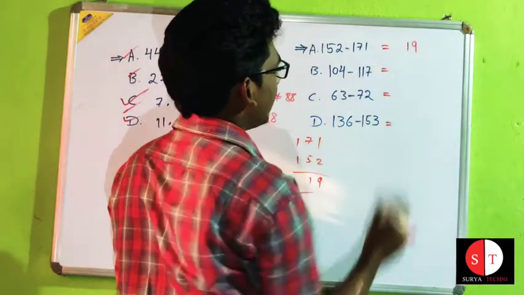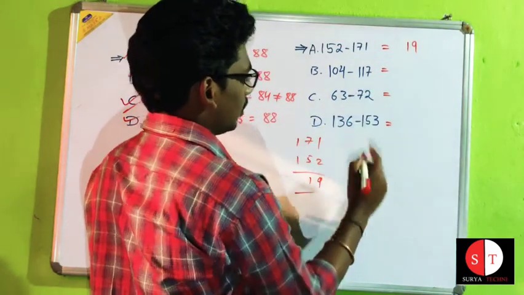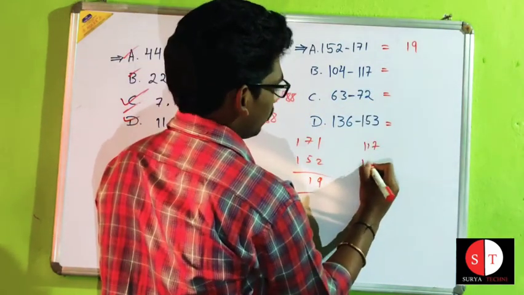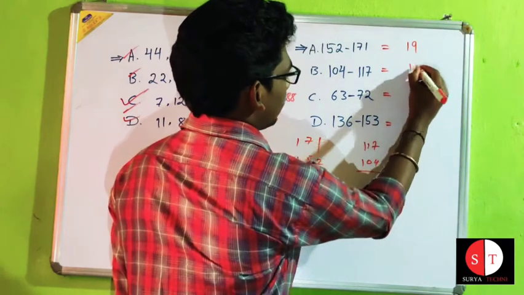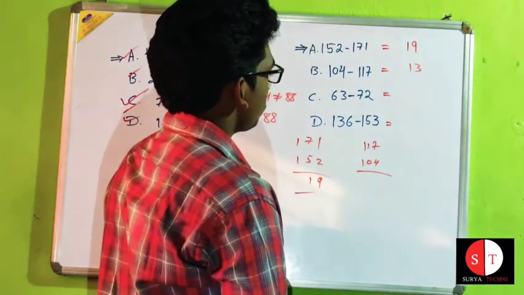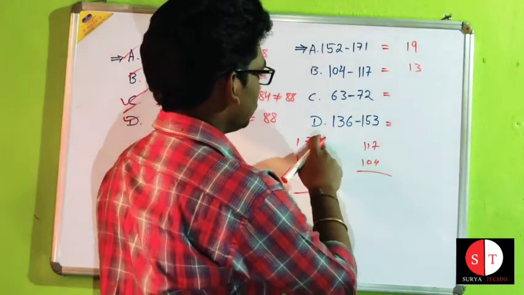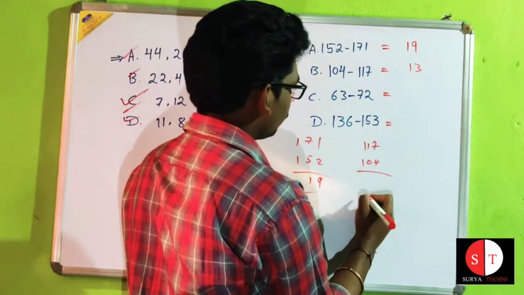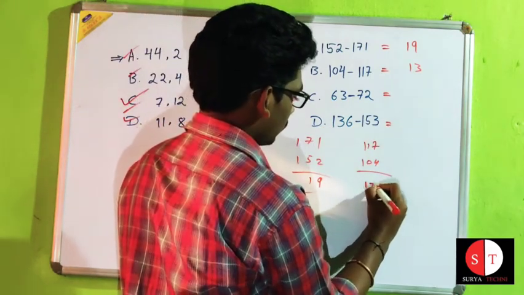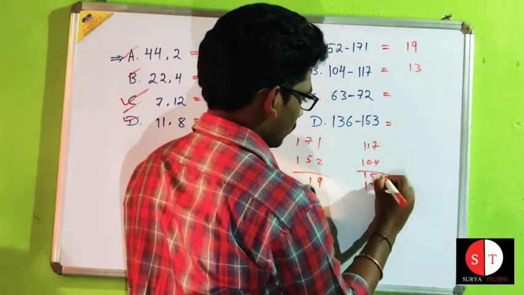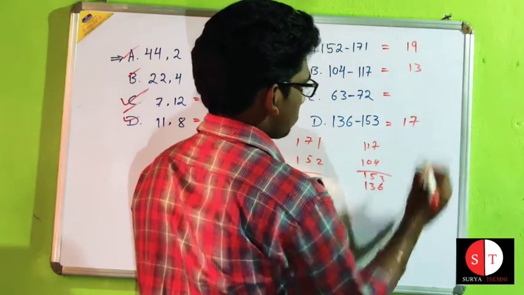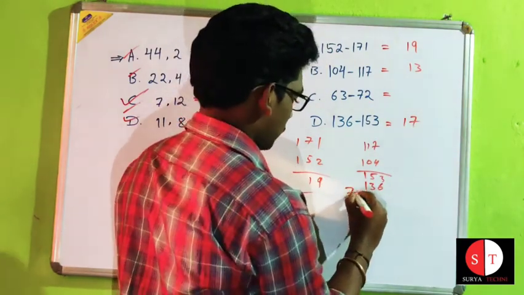So the difference is 19. 117 minus 104 is 13. Option D gives 17.